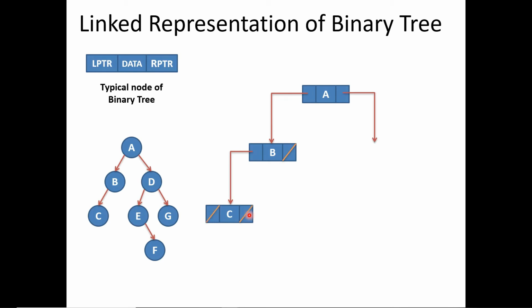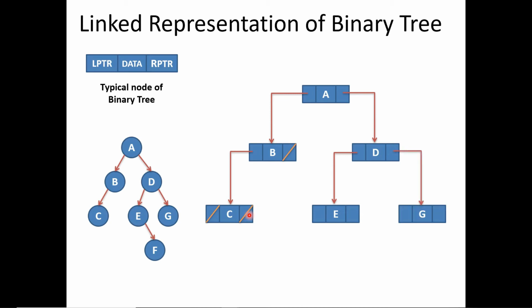Now A has a right child, that is D, so we have to put this D in data part of this node. Now D has both left and right child, that is E and G, so we have to write E in this node's data part, and in right pointer we have to put this G in data part of this node.